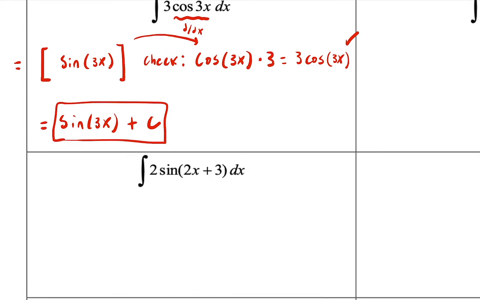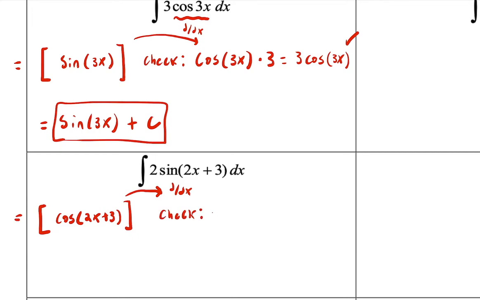The integral of 2 times the sine of 2x plus 3. So I start with my first guess. I think, okay, is it just the cosine of 2x plus 3? Let me check by taking the derivative. Again, this is my check, not my final answer.